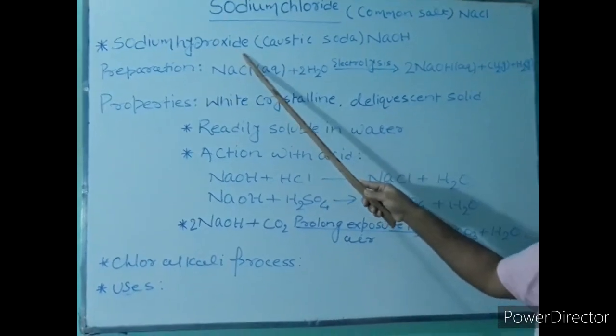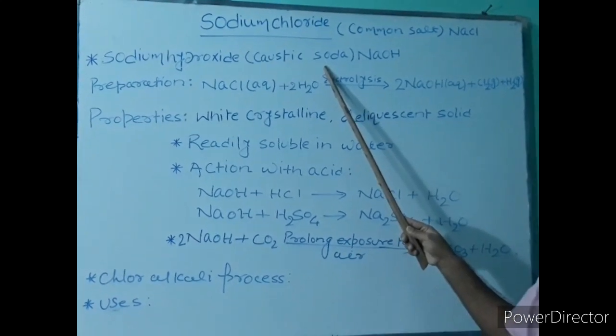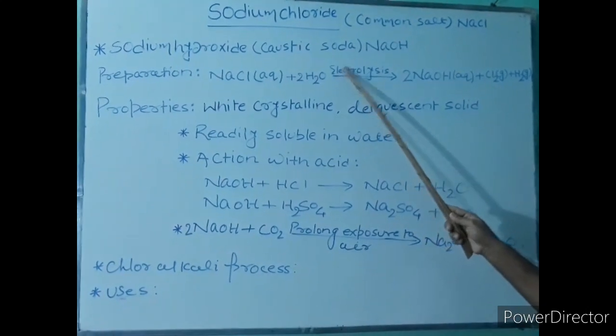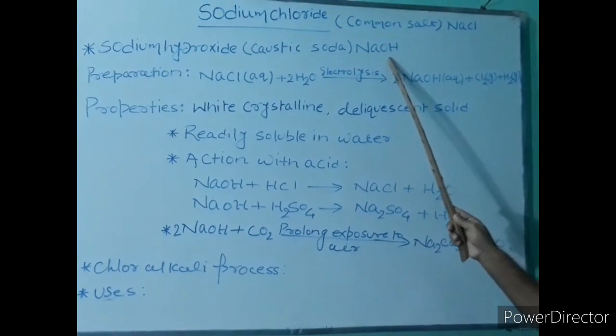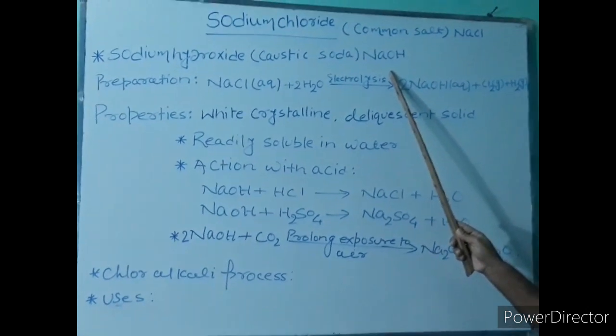Sodium hydroxide, commercially called caustic soda, has the chemical formula NaOH. Now, how to prepare this important compound?